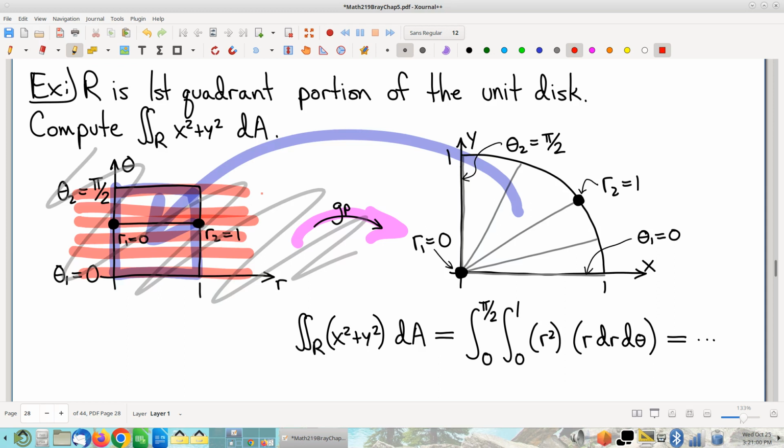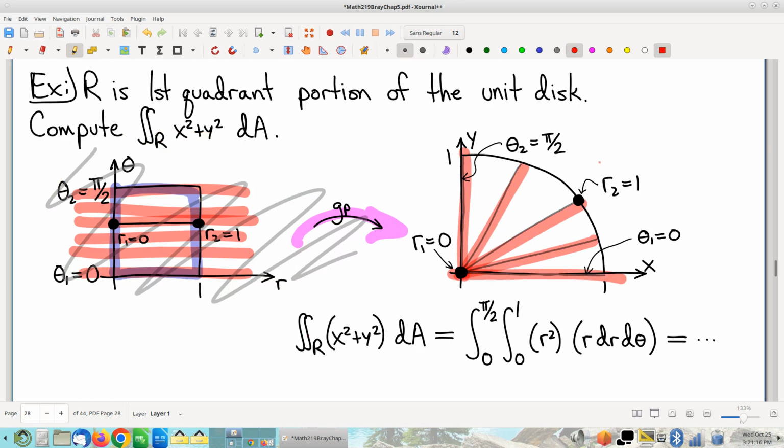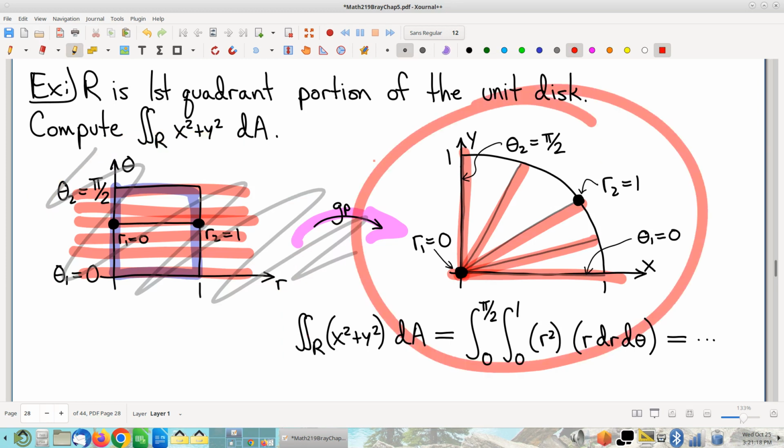Why should we bother drawing the pullback when we can see what these slices look like over here in the XY plane where we already had a picture of our domain? And, well, it's just like this. This is what those slices look like over here in the XY plane. And so no particular need to draw this picture and slice it up this way. I can just keep my picture and slice it up that way.